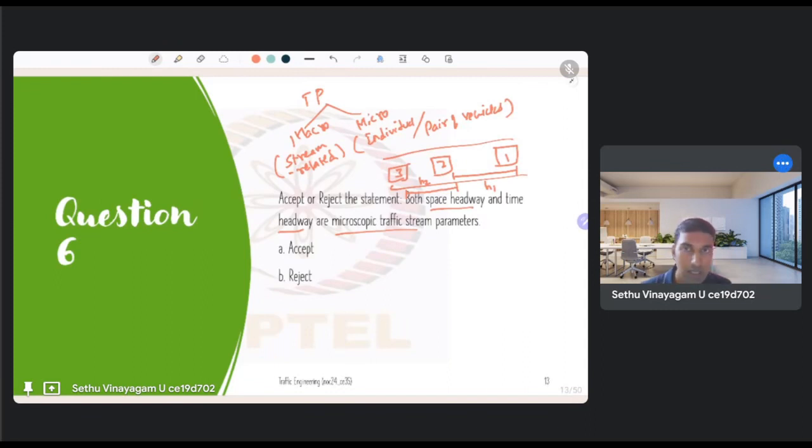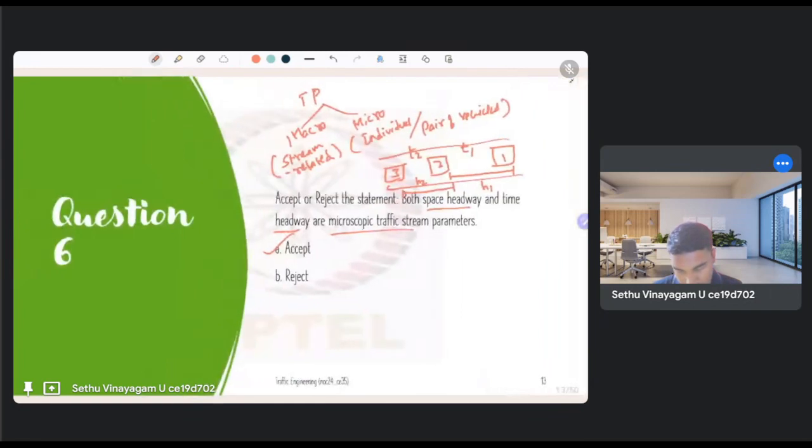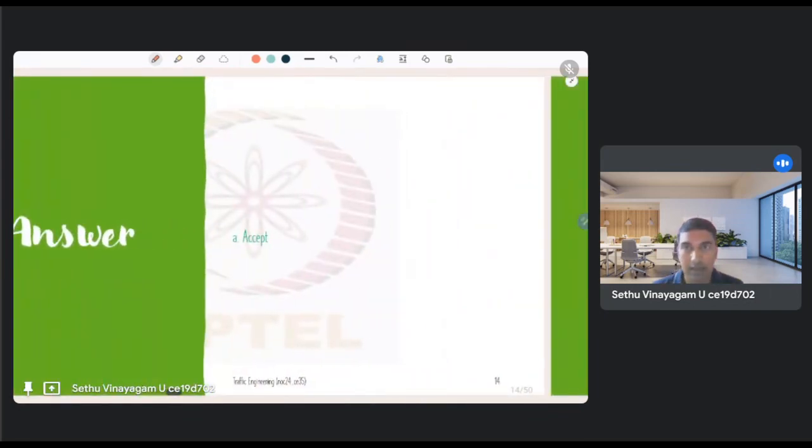For 2 and 3, it is h2. Similarly, we will have time headway of t1 and t2 between these pairs of vehicles. So it is dependent on the vehicles that we are looking at. It's not constant for the whole traffic stream. Such parameters are microscopic traffic stream parameters. So both space headway and time headway are microscopic parameters, right? So we accept the given statement. So the right answer is A.